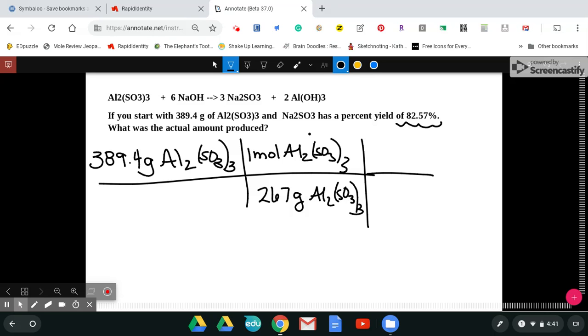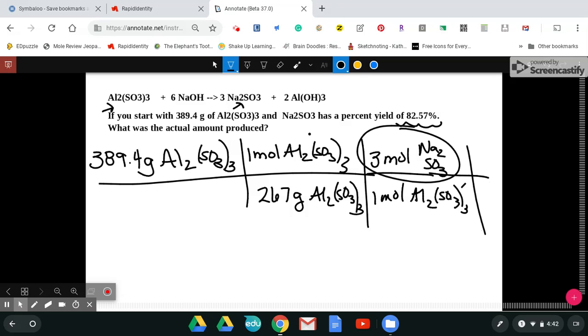Now, I am looking for sodium sulfite, so 3 moles of sodium sulfite over, this is what I was given, 1 mole of aluminum sulfite. Change this to grams, and that's going to be 126 grams of sodium sulfite over 1 mole. All this cancels, and I am left with 551 grams of sodium sulfite.